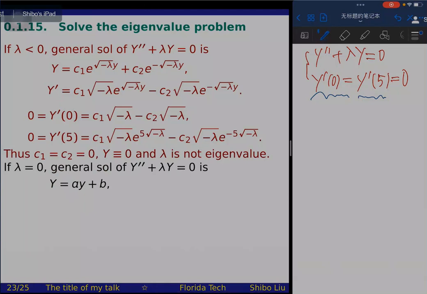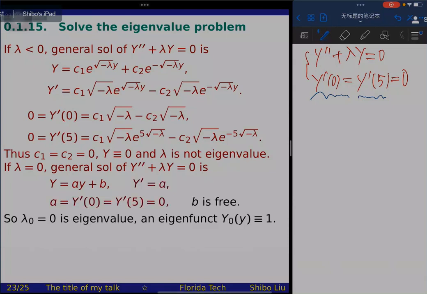Okay? Next, we consider the case that lambda is 0. When lambda is 0, this ODE is just Y double prime equals 0. So the general solution is a linear function, Y equals ay plus b. Then Y prime is a. So using the boundary condition, we see that a is 0 and b is free.